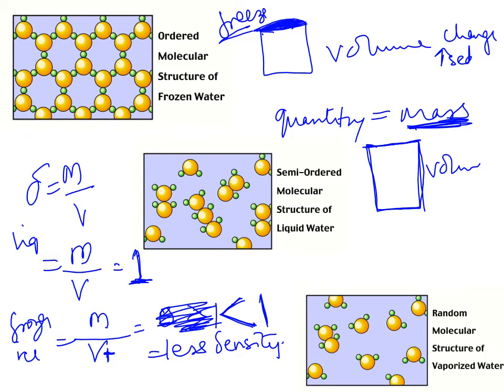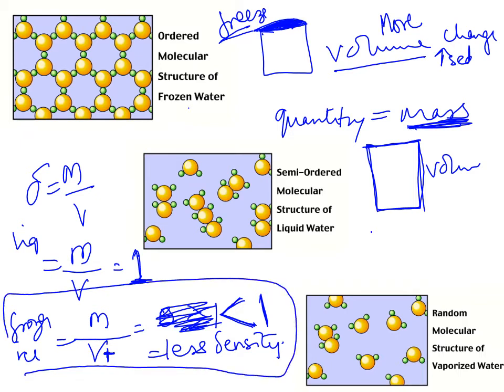So that means the mass is the same, but the volume that it occupies is more. So if you calculate the density of the liquid water versus the density of ice, you understand that ice has less density. And that is why ice floats.